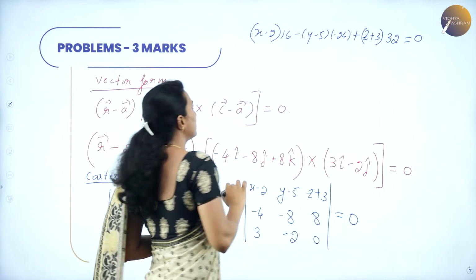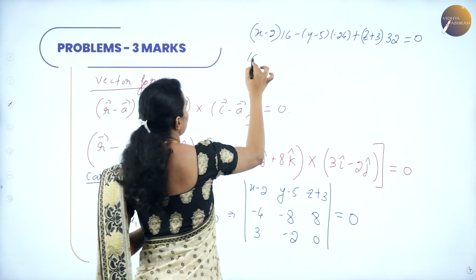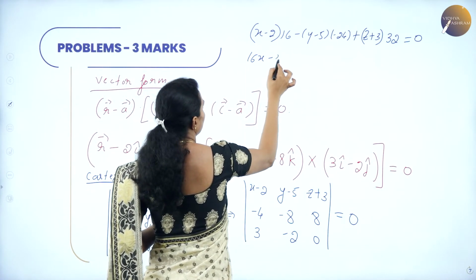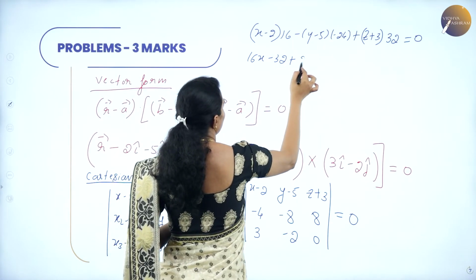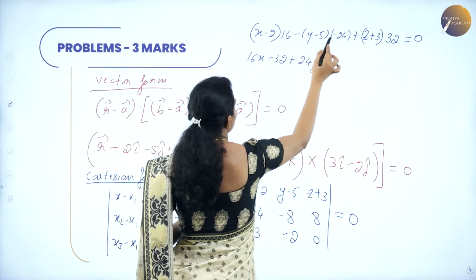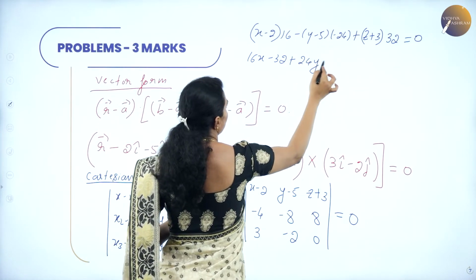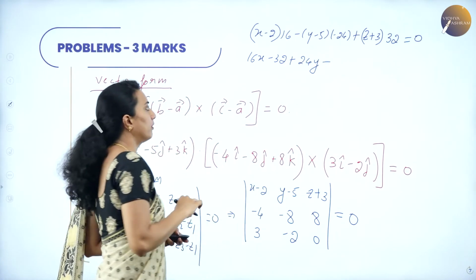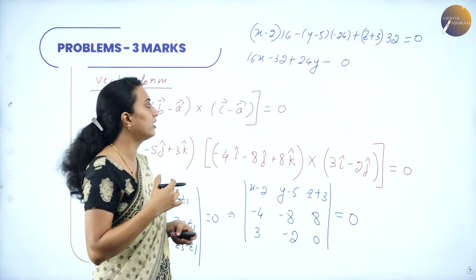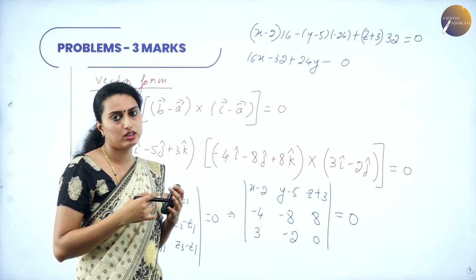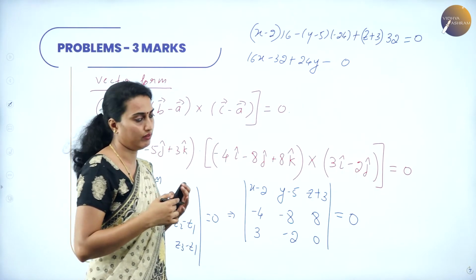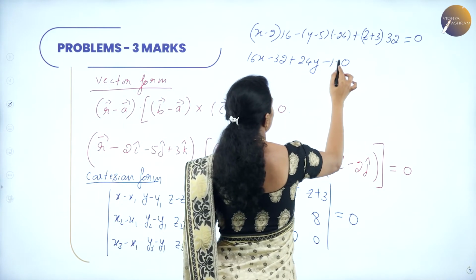Now expand this. So 16x, 16 2s are 32. Here minus into minus is plus, 24y, minus into minus is plus, plus into minus is minus, 24 5s are 120.